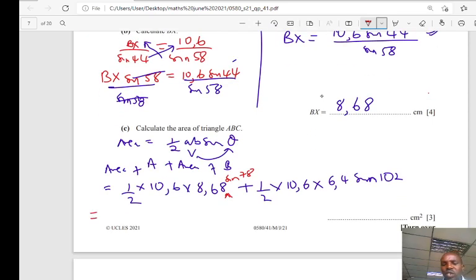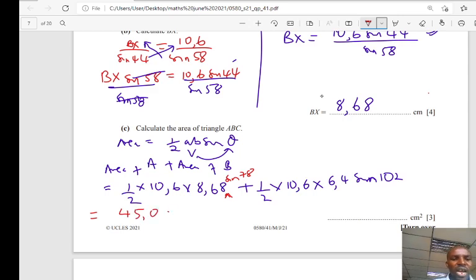Then you can simplify. 10.6 times 8.68 times sine 78 divided by 2, 44.999. So this will be 45.0 to 3 significant figures.